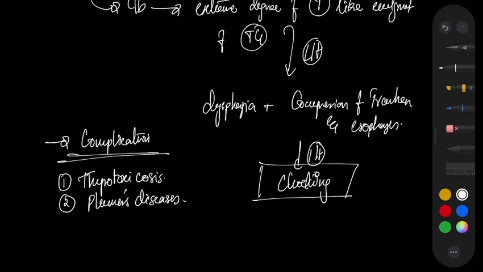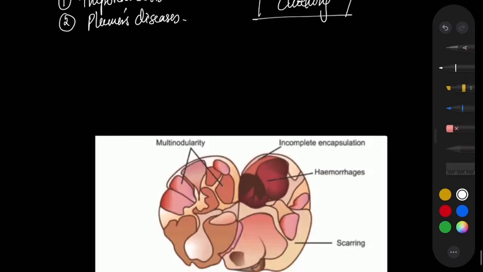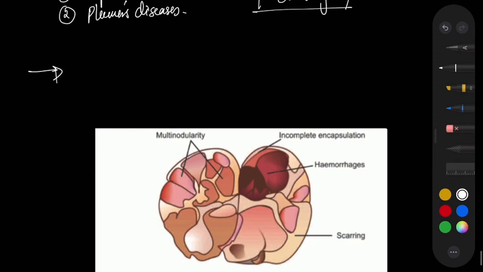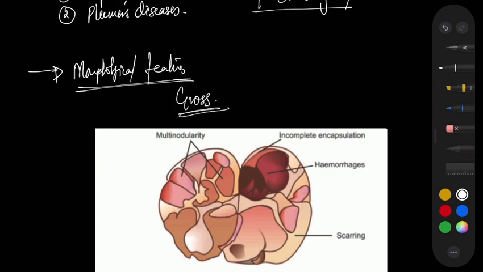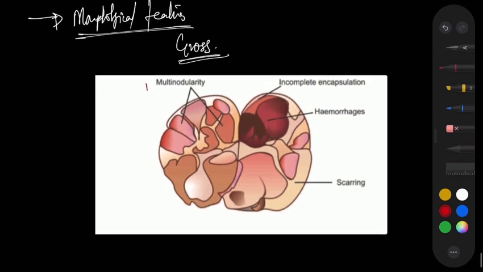Now we're going to come to the morphological features of your nodular goiter. Starting with the gross features, we see multinodularity. We see multiple nodules, and we also see incomplete encapsulation. We're seeing areas of hemorrhage here, and we also see some scarring.